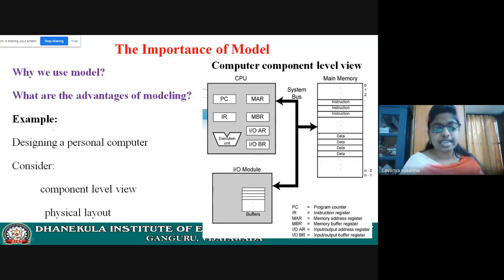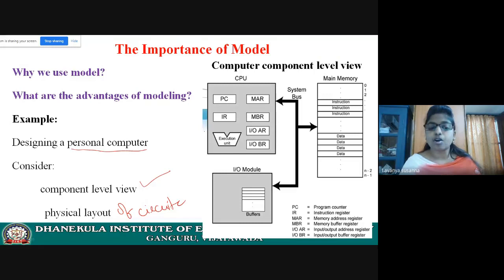Let us see an example. While designing a personal computer, an engineer must consider or must model the component level view and the physical layout of circuit boards.